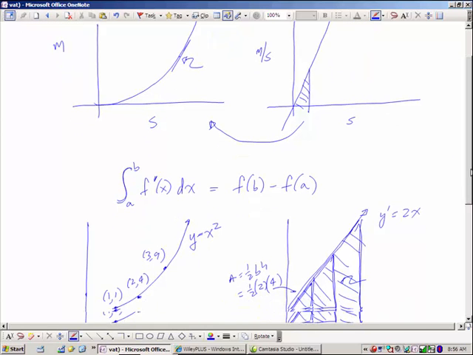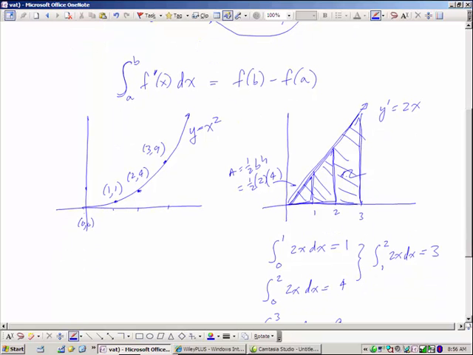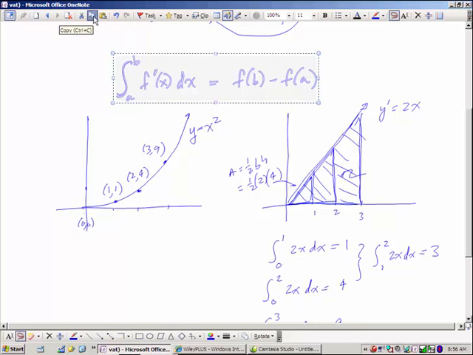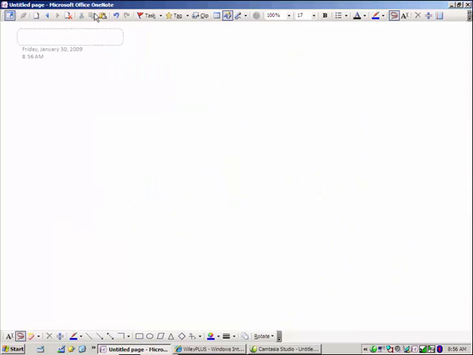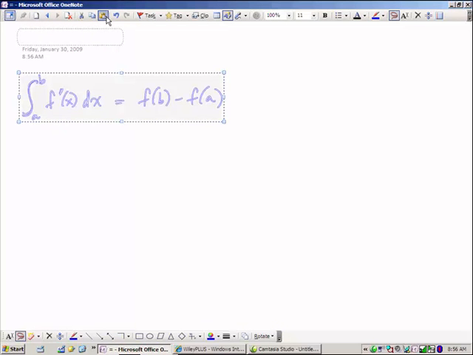All right. I am going to write this same rule in a more complicated way, and then we're going to do another example. Let's see. Copy. Paste. Okay, so some books write this same rule like this.